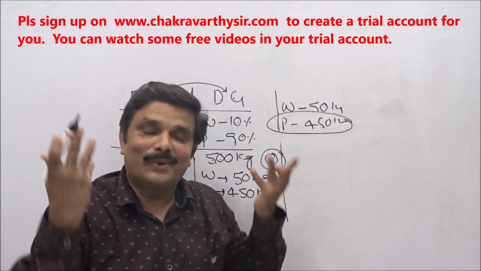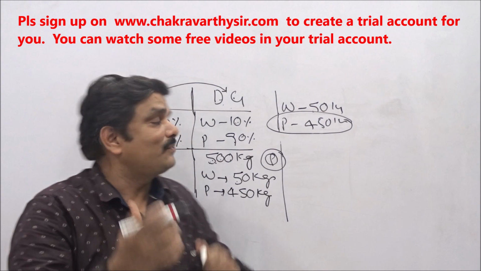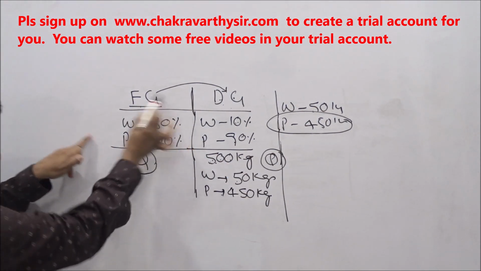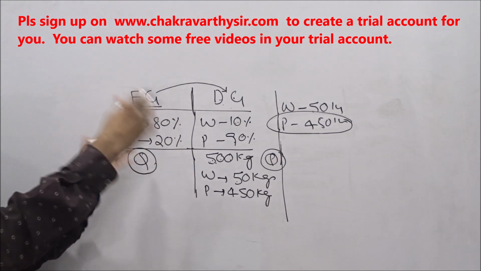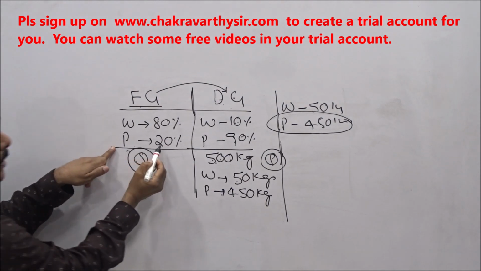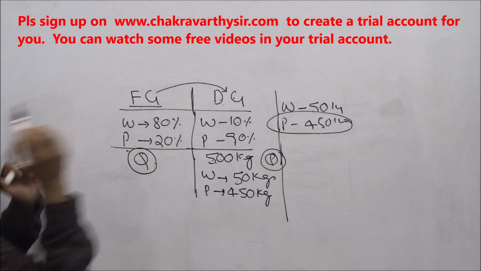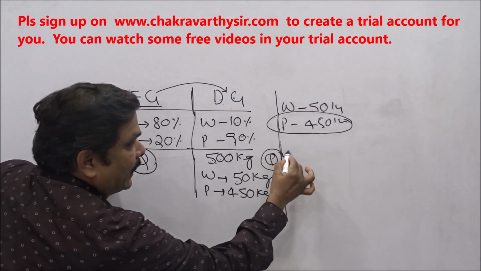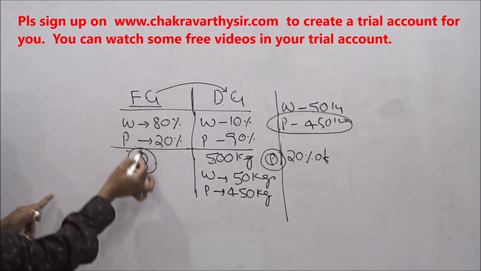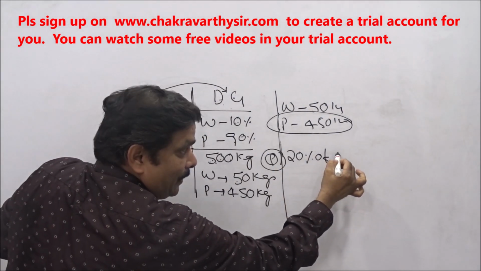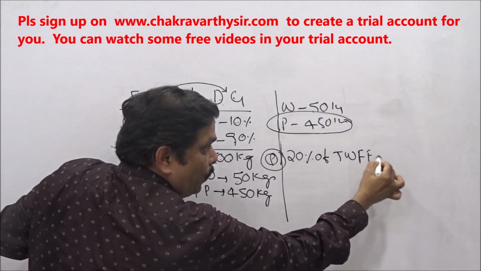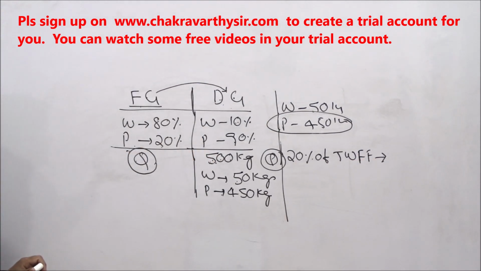Now you can apply the unitary method. How to apply this? In the fresh status, because they have asked the question based on the fresh fruit, what was its weight when it was fresh? In fresh fruit, 20% pulp, 80% water. Now, simply we can say 20% of the total weight of fresh fruit is how much it should be?